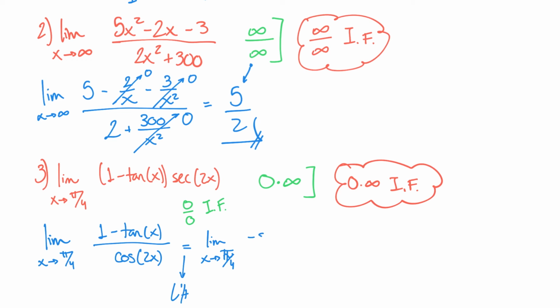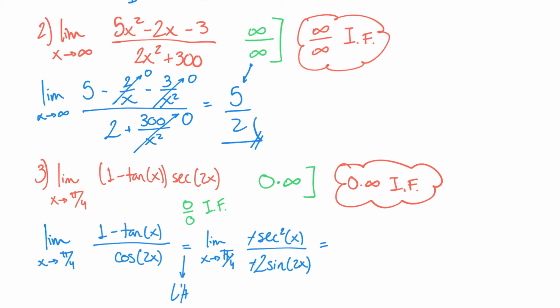And I am going to end up with negative secant squared of x over negative 2 sine of 2x. All right? So then the negative signs go away, and now I try to plug in the value again and see what I get.